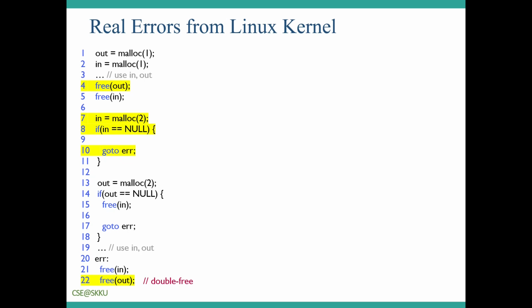When the memory allocation fails and the malloc function returns null, as I mentioned before, if execution reaches line 9 or line 16, it means the memory allocation failed because we enter the true branch of the if statement.